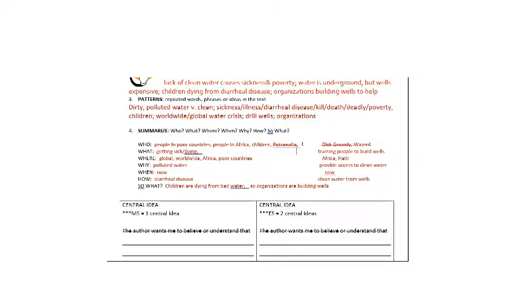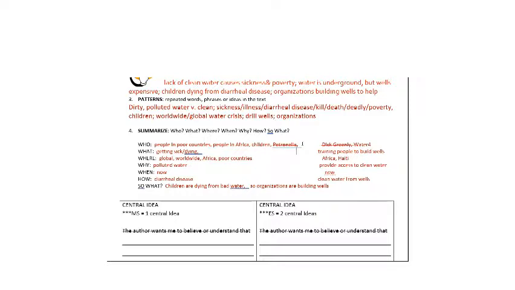And what I would say when they're talking about really specific people, like Petronella, usually what the author is doing is trying to put a face on a big problem, and the story is not about that specific person, so it's best to leave that person out.